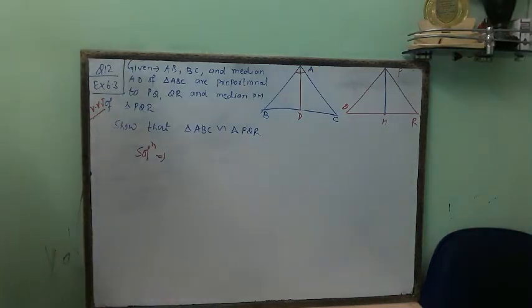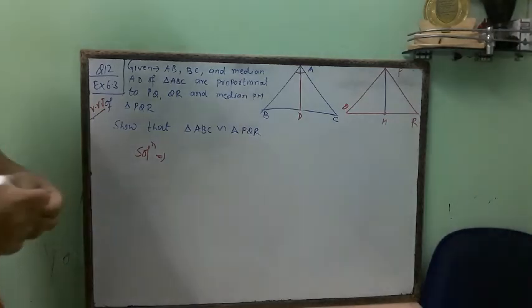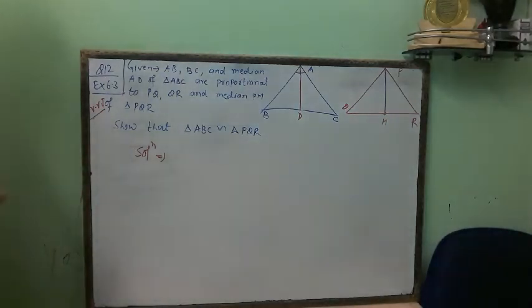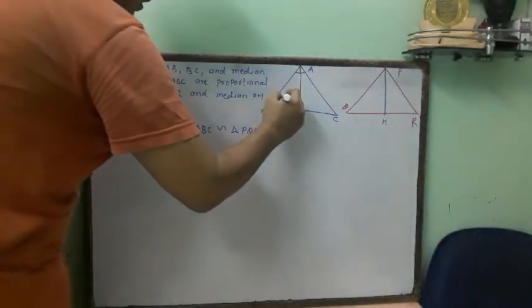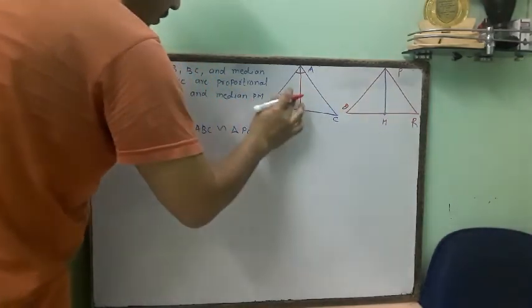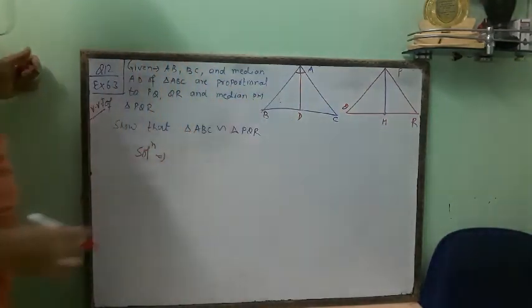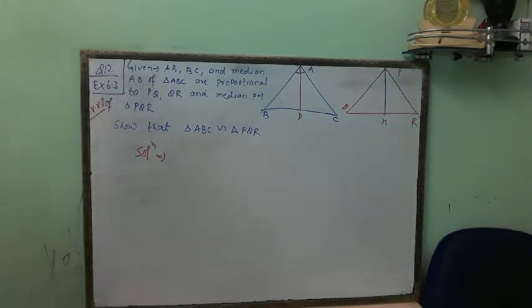So for making angle B equal to angle Q, we first have to prove triangle ADB similar to triangle PMQ, and for this it will be very easy. So we will go for this one first.